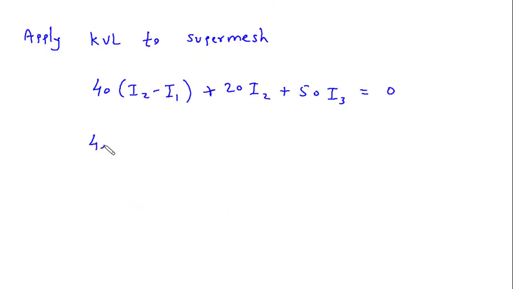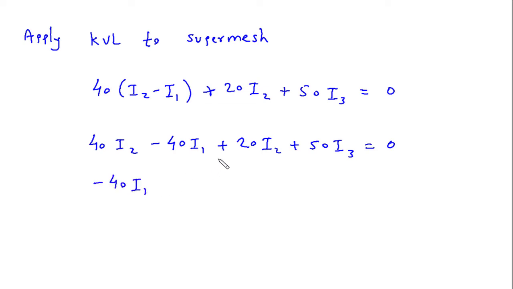This will be 40 I2 minus 40 I1 plus 20 I2 plus 50 I3 is equal to 0. This will be minus 40 I1, plus 40 plus 20, 60 I2, plus 50 I3 is equal to 0. Let's say this is equation number 2.